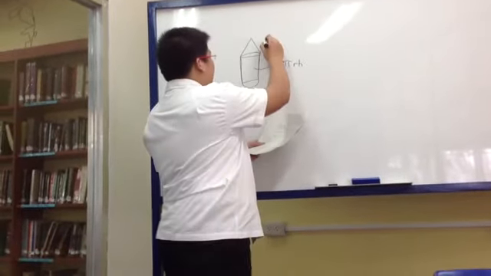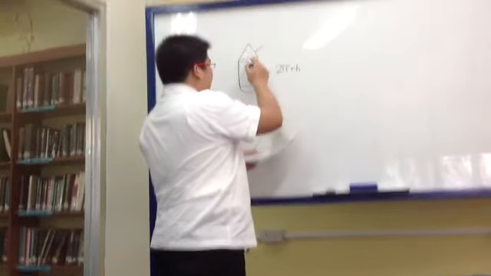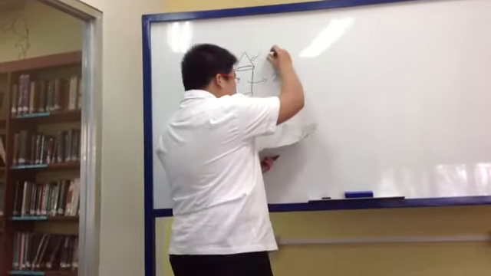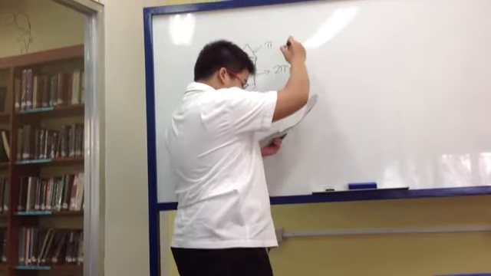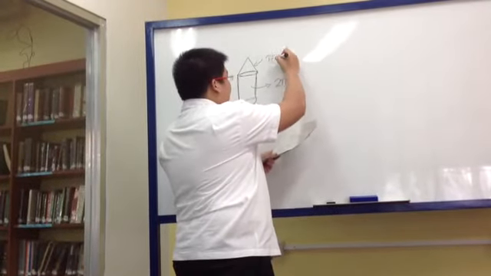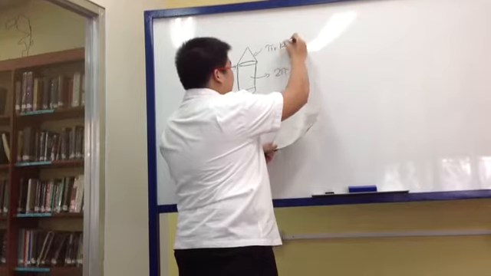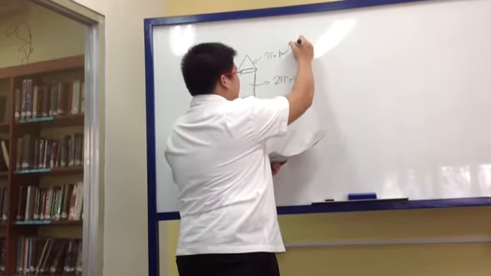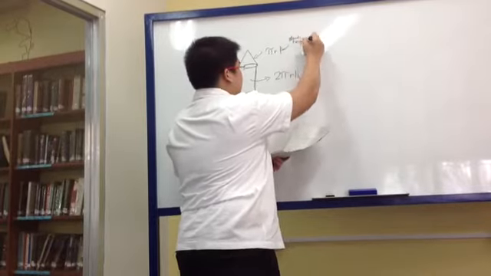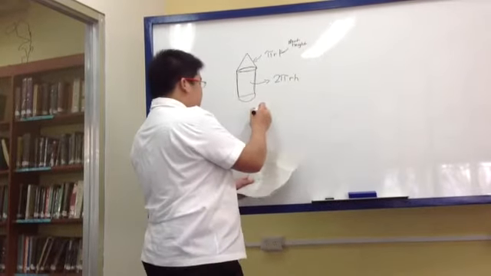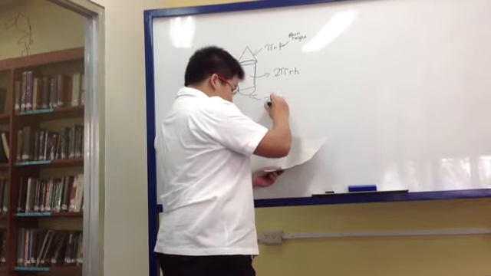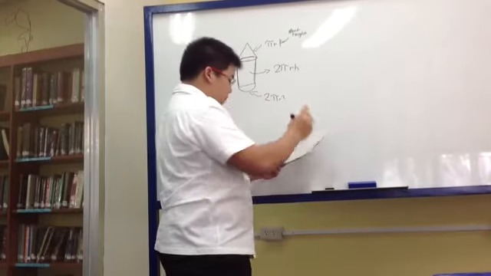For the cone, we won't take the base, so it's going to be pi r l, L meaning the slant height. And for the hemisphere, since it's only half, it's going to be 2 pi r squared.